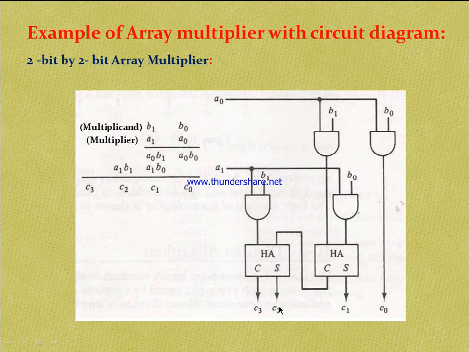The sum is C2, the final product, and if carry is there, I will get the carry. So this is the circuit implementation of a 2-bit by 2-bit array multiplier.